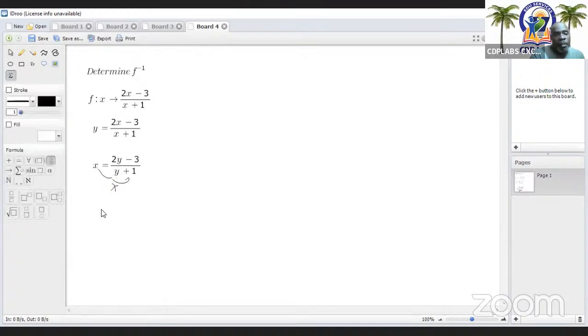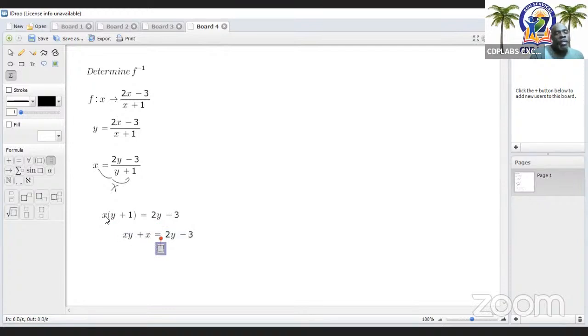Then you're going to have x bracket y plus 1 equal to 2y minus 3. So we're going to simplify. We can have xy, by the distributive law, plus x is equal to 2y minus 3.